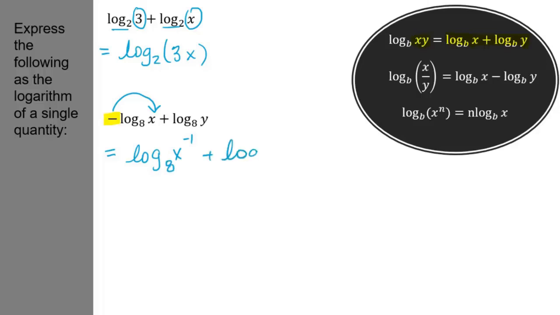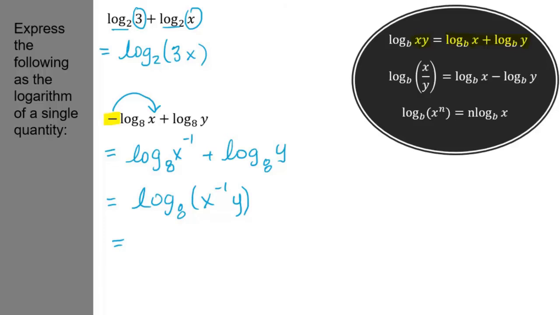And then we'll add the logarithm of y also to the base 8. Since we have the same base, we can write this as the logarithm of a single quantity. So the logarithm to the base 8 of the product of x to the power of -1 and y. X to the power of -1 times y.